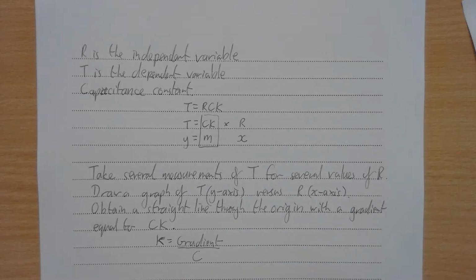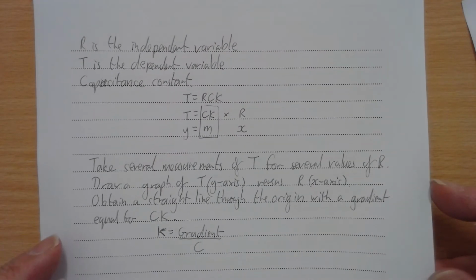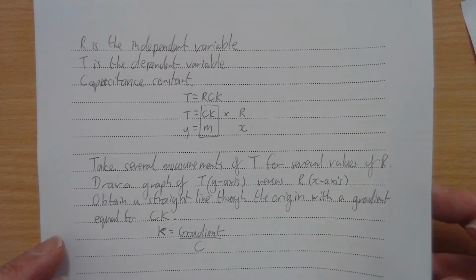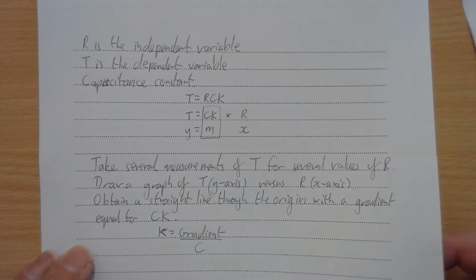So there's lots of other things we can do here. We can always work out what K is, and well, we're given a formula, aren't we? Notice I've not even looked at the circuit diagram yet, because the circuit diagram for this is probably not going to be that easy to think about. But we've got pretty much everything here so far. So what we're doing next is we're thinking about how we then obtain a value.